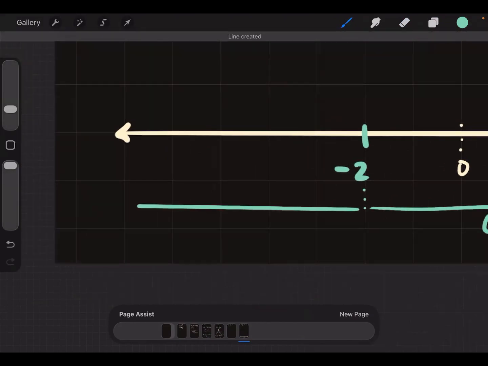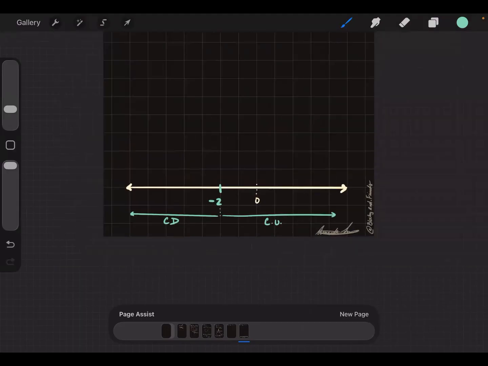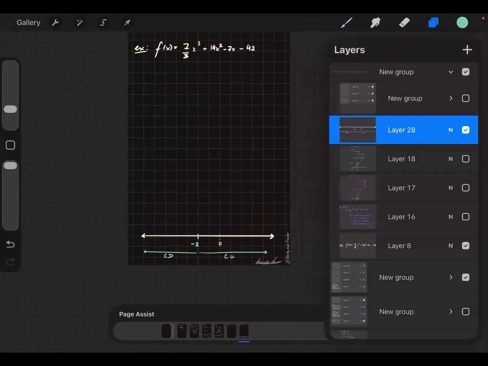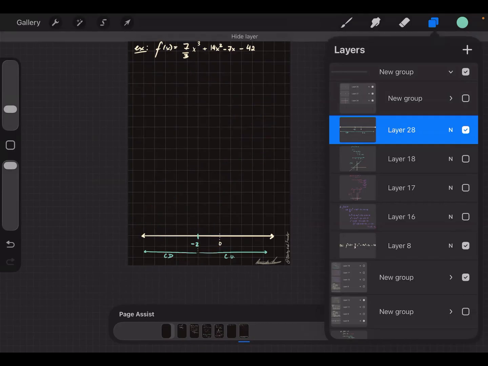And here is concave down. Okay, okay. Next on the docket is increasing and decreasing. Our function is increasing at -2 minus root 5 and -2 plus root 5. Okay, so we're going to put that in.